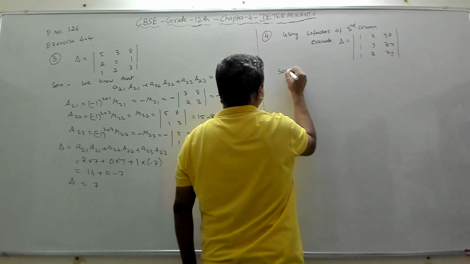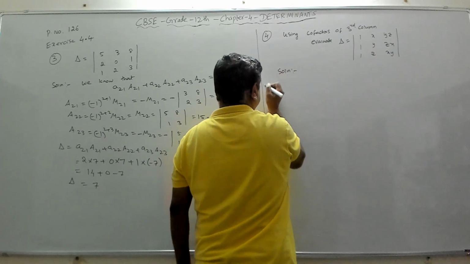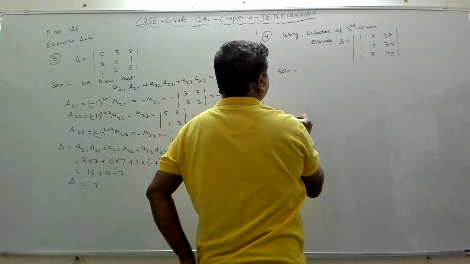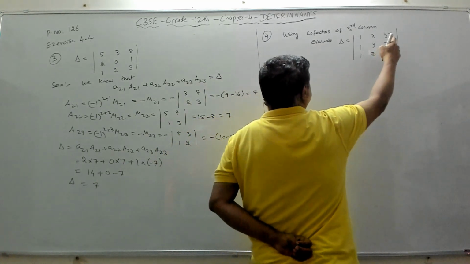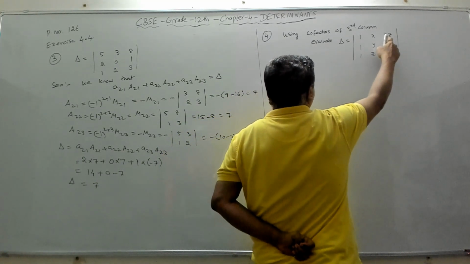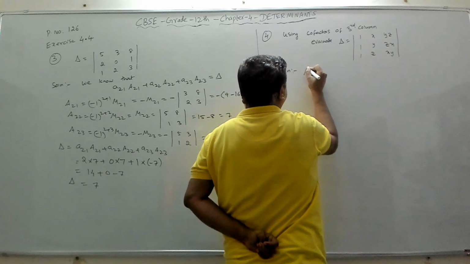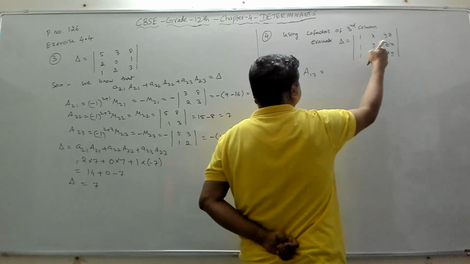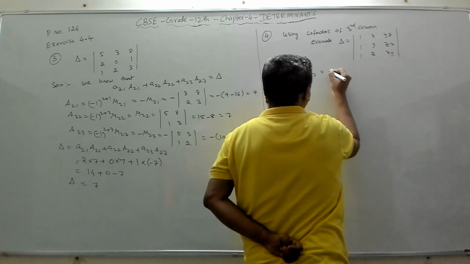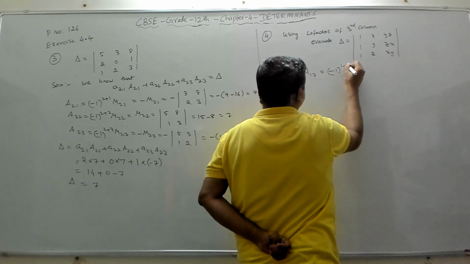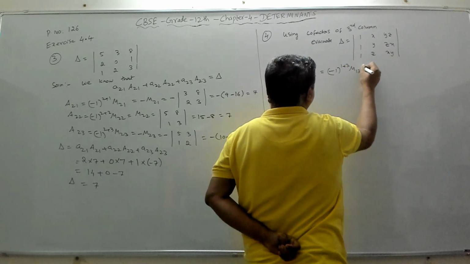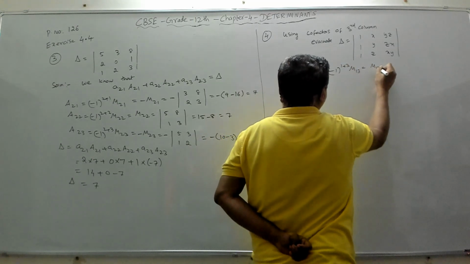So the solution is, right? What is the cofactor of the third column? What position is this? This is A11, A12, A13. So this is capital A13, the cofactor of this element, yz. That is defined as minus 1 power 1 plus 3 of M13, that is equal to M13.